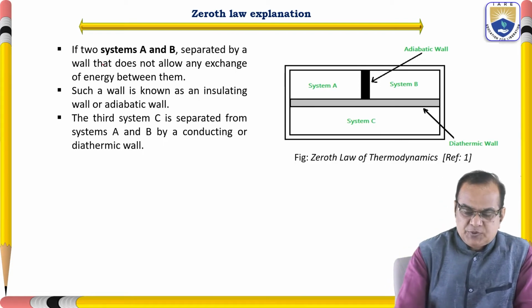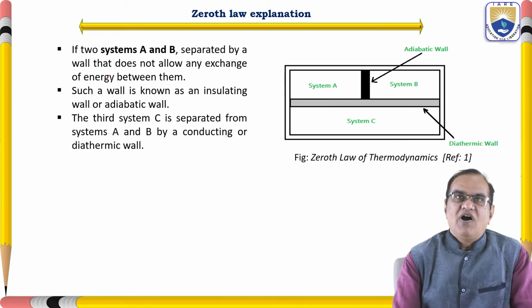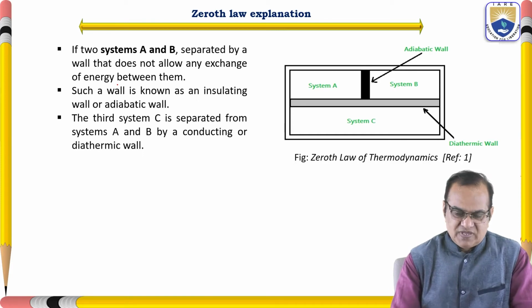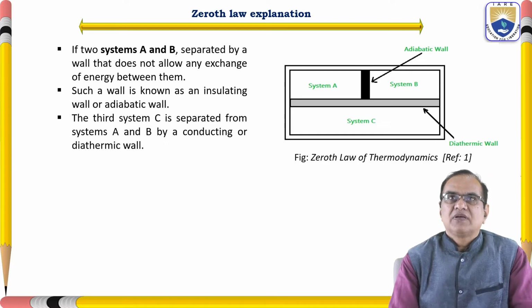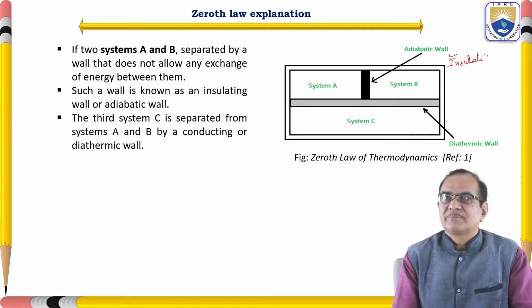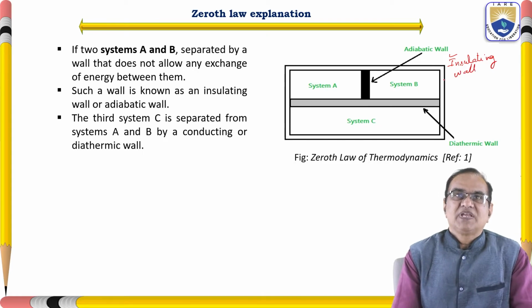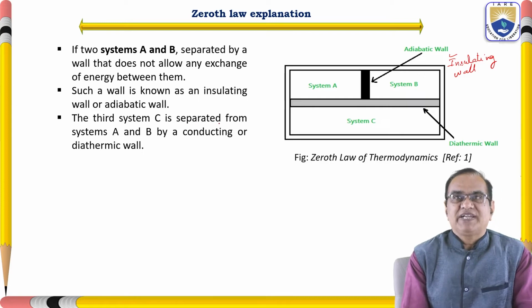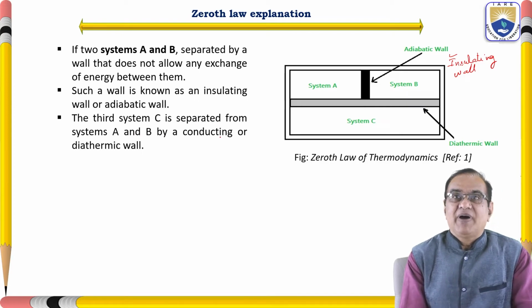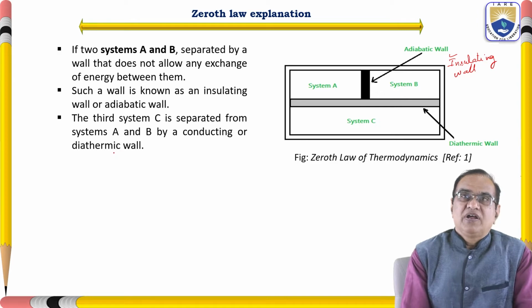If two systems A and B are separated by a wall that does not allow any exchange of energy between them, such a wall is known as an insulating wall or an adiabatic wall. The third system C is separated from systems A and B by a conducting or diathermic wall.